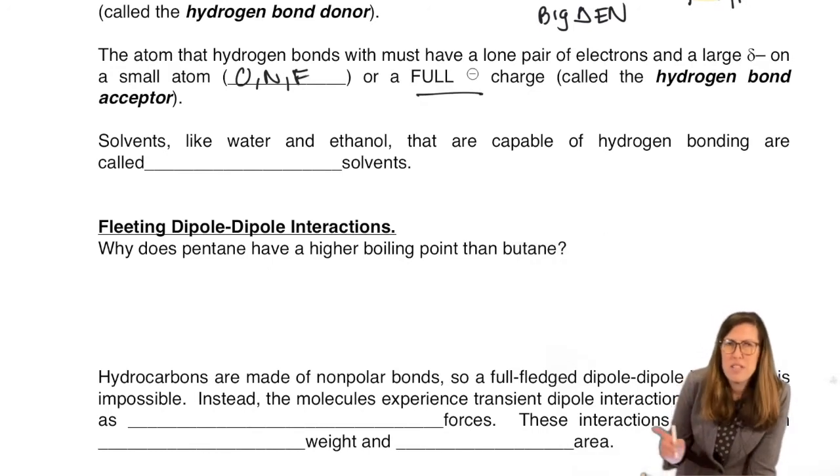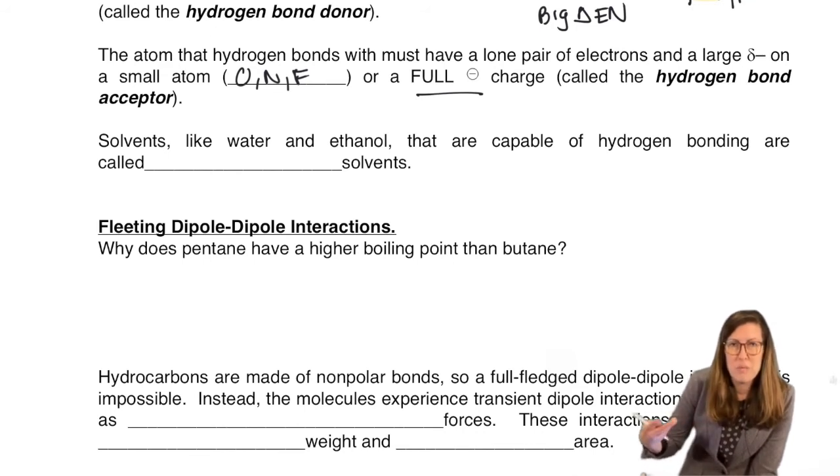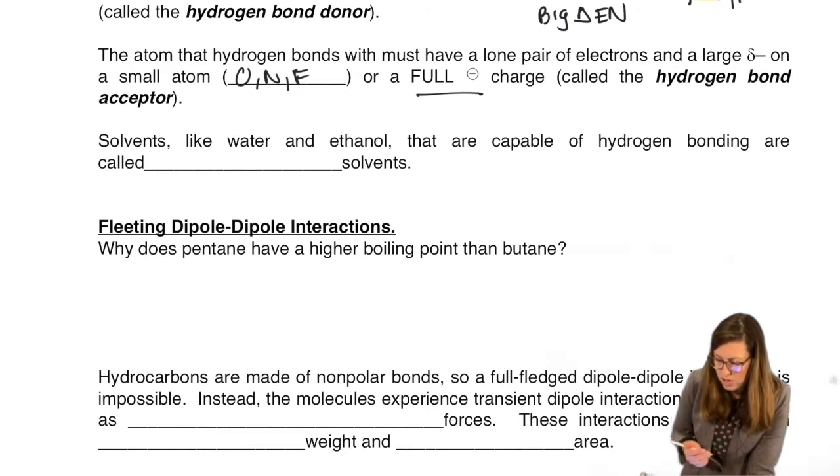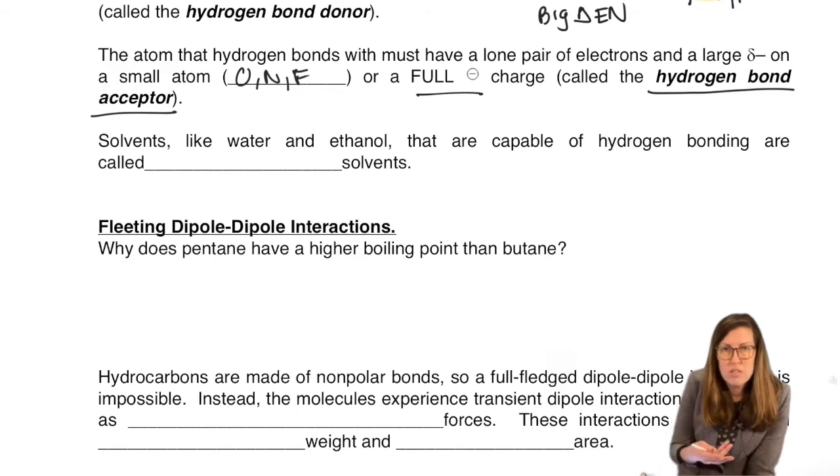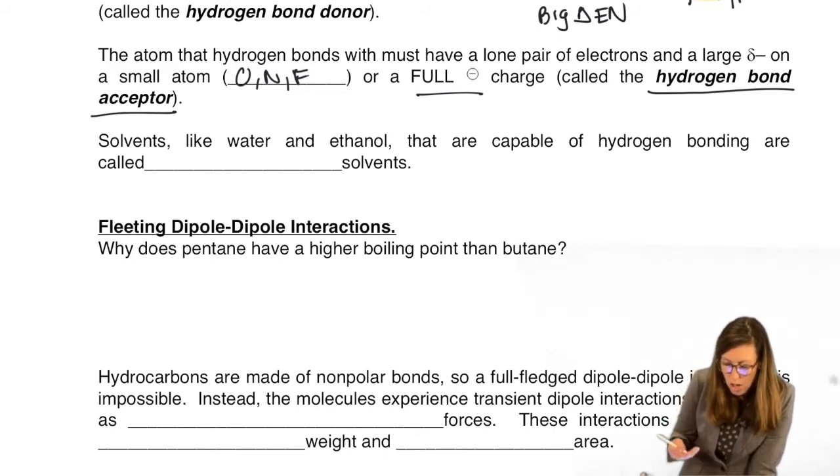That doesn't happen in dipole-dipole because dipole means partially polarized, right? It's completely polarized if there's a full negative charge. That's the hydrogen bond acceptor. Now, in our class, we mostly focus on the hydrogen bonding examples that are dipole-dipole analogs, but the only eligible elements are O, N, and F with H. Okay?